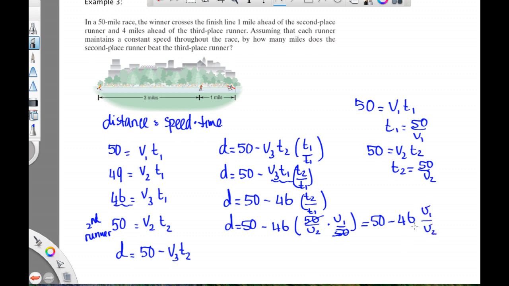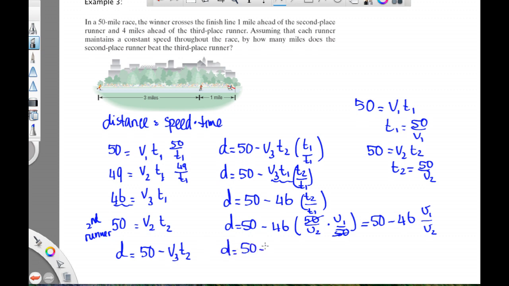Well, those I can actually solve for, and I can do that right in here. I know that v1 is 50 divided by t1, and v2 is 49 divided by t1. The reason we do this here is because that's the same time, right? So we're going to plug that in. So what do I have?